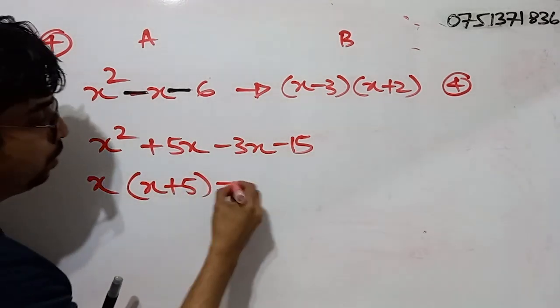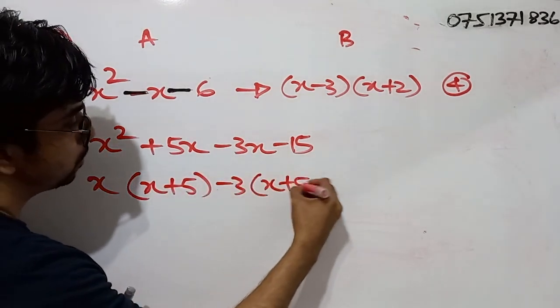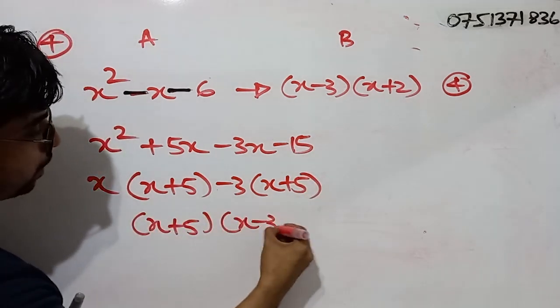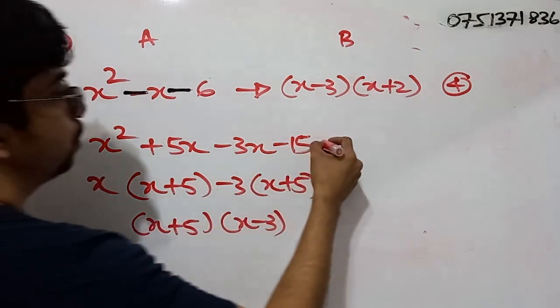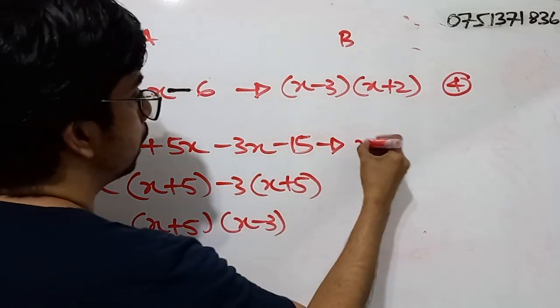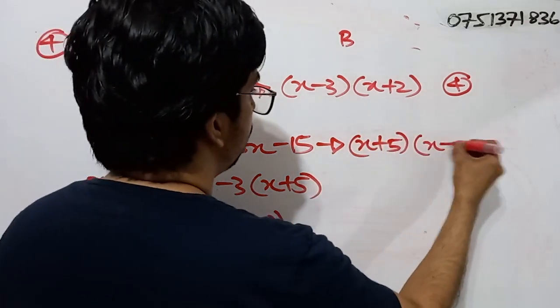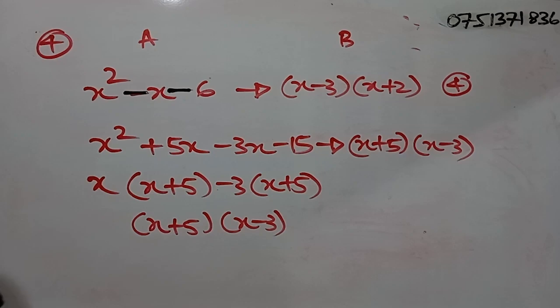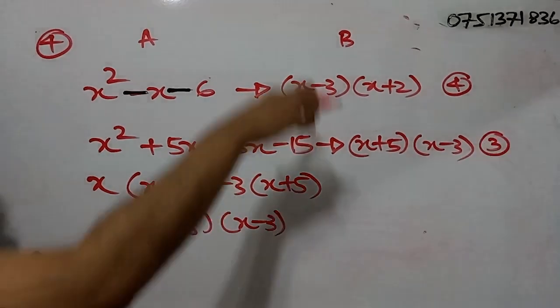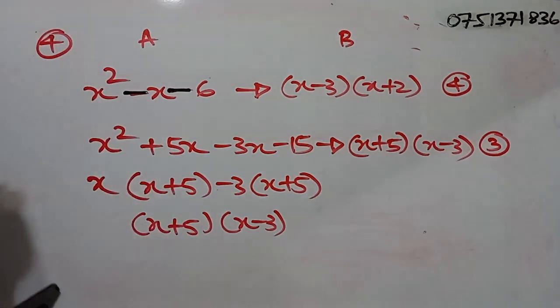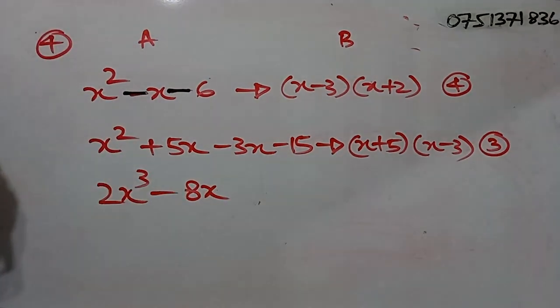When we consider these two, negative 3, x plus 5. So then x plus 5 and x minus 3. That means there should be an answer like this on the B side. X plus 5, x minus 3. So when we check the answers B side from top, the third one, we have this response.